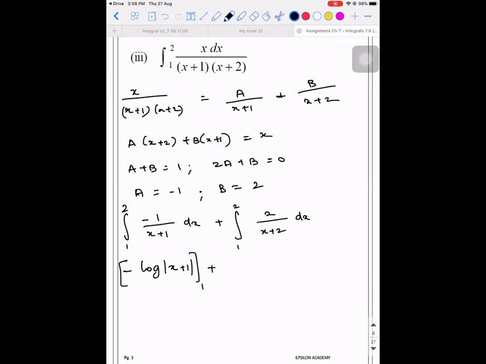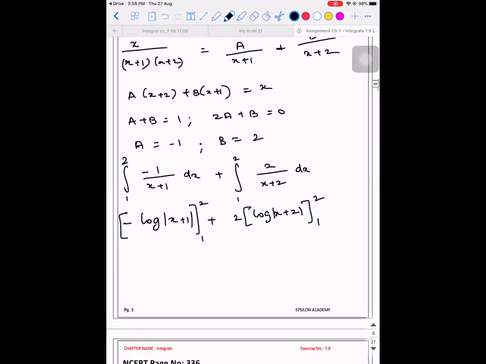I'm putting a square bracket with limits 1 to 2. So what will be the answer? I can take the minus outside: minus of log 3 minus log 2, plus 2 into log 4 minus log 3.